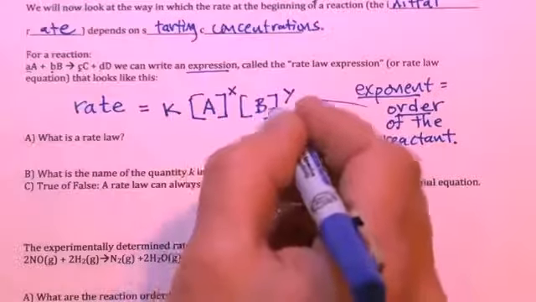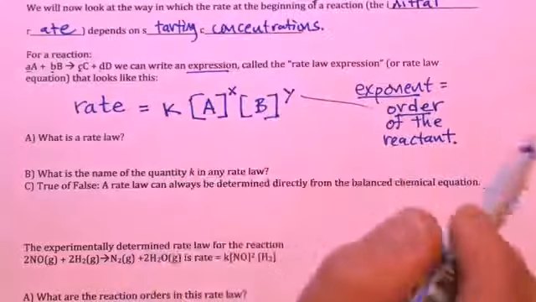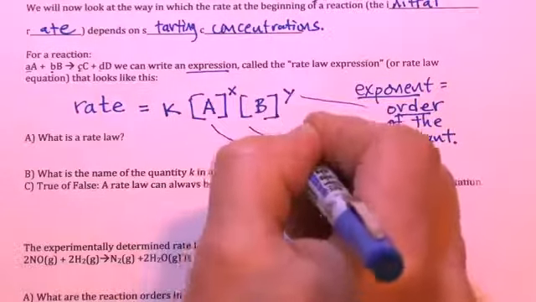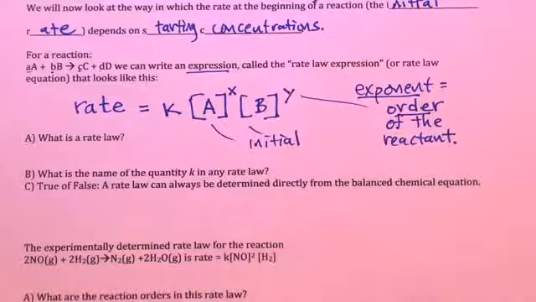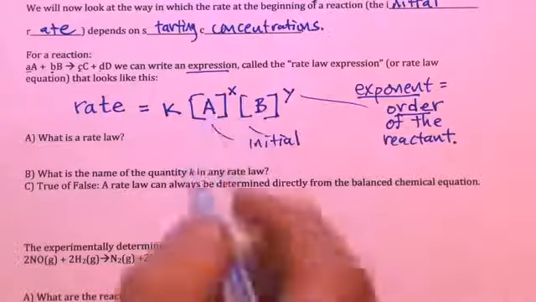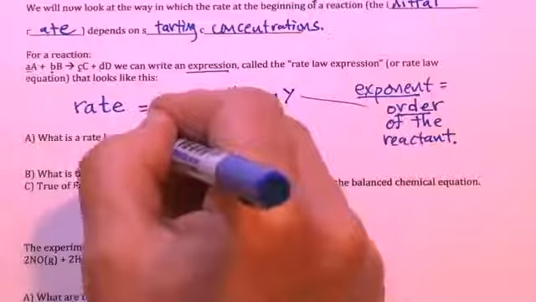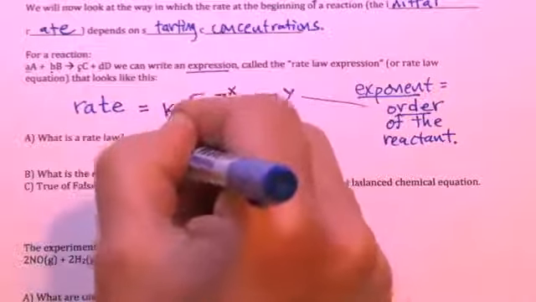The concentrations right here, remember these brackets mean concentration in molarity, are the initial or starting concentrations of reactant A and reactant B. And as I alluded to before, this k stands for something called the rate constant.